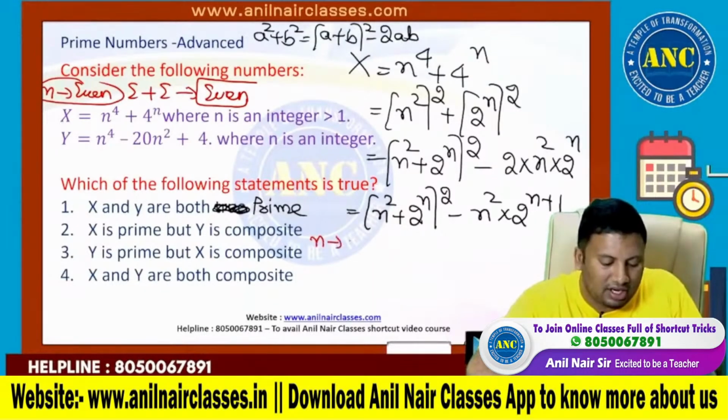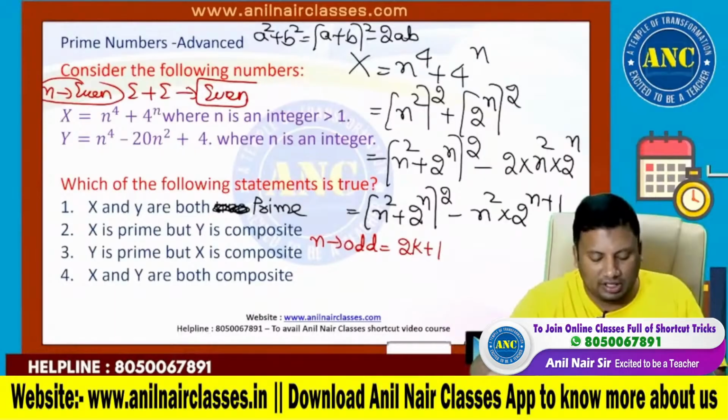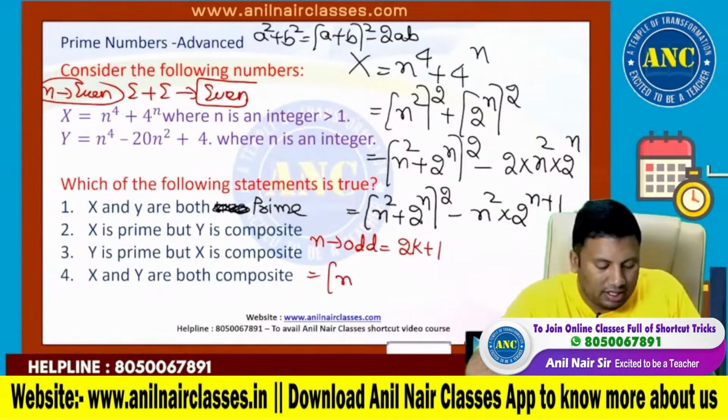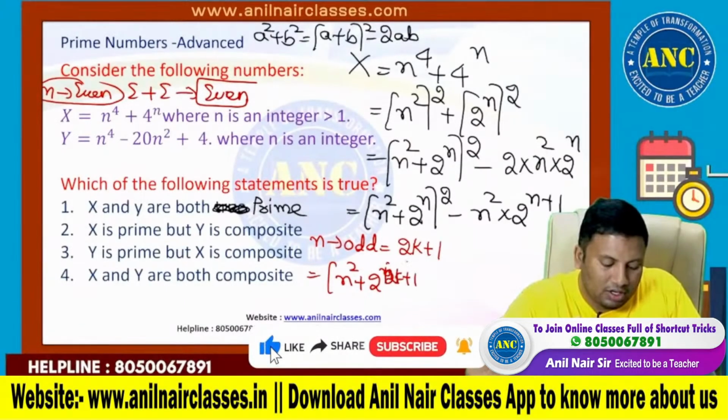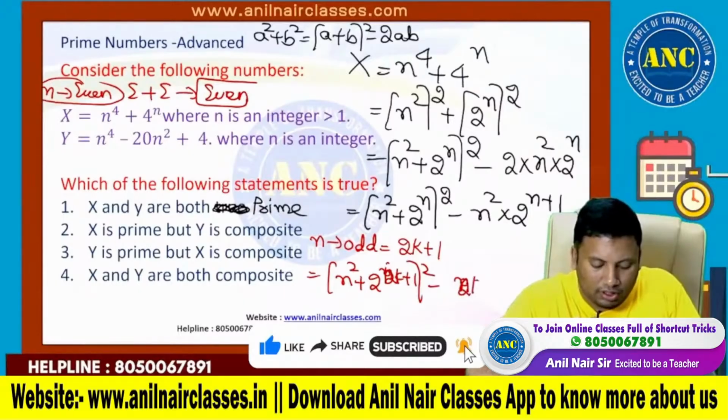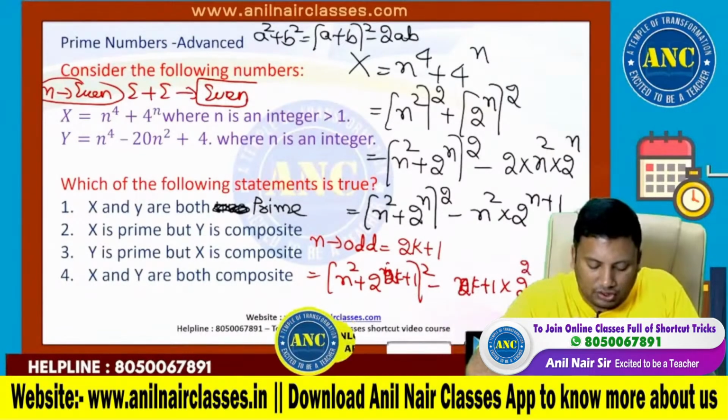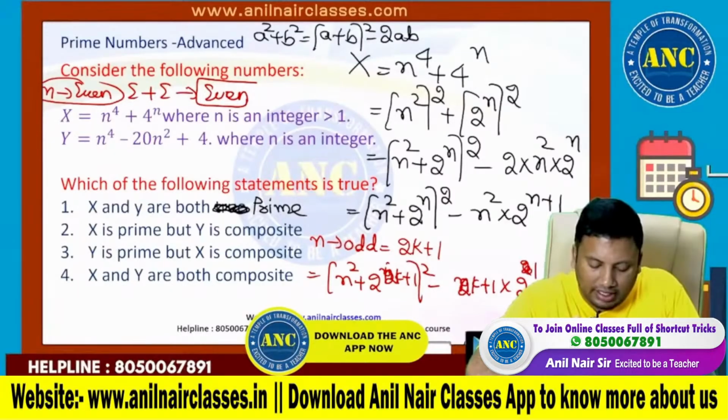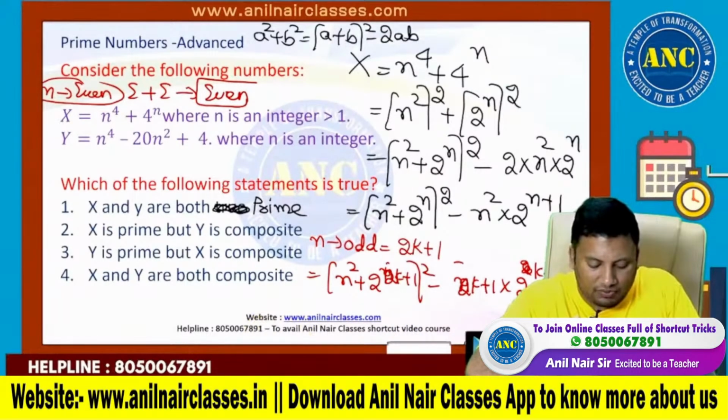If n is odd, an odd number is of the form 2k plus 1, and k can be 0. So these are nothing but (n squared plus 2 power n, where n is 2k plus 1) whole squared minus n squared into 2 power (2k plus 1) into 2 power 2k plus 2. 2k plus 2 is nothing but (k plus 1) whole squared.